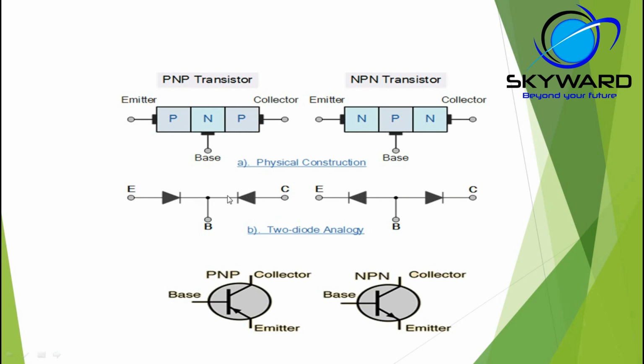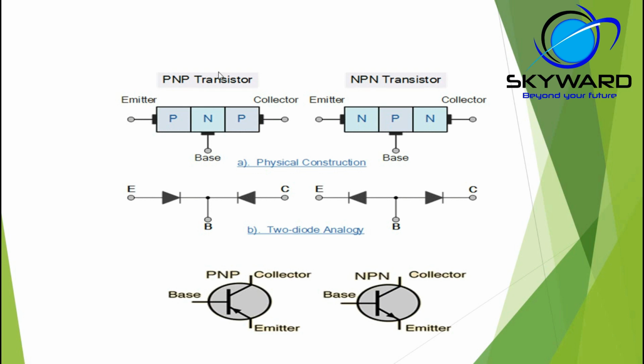In a transistor also, if it is PNP, when you put the red probe on P, meaning emitter, and the negative probe on base, it will show some value. And if you put the red probe on collector and the black probe on base, again it shows some value. When you reverse the probes, it will not show any value.